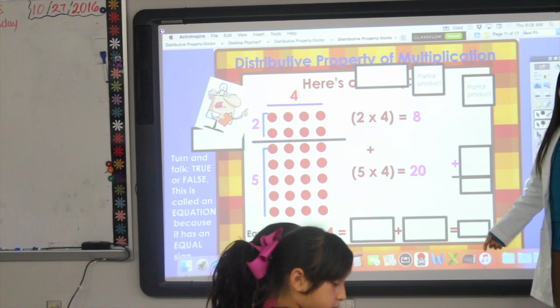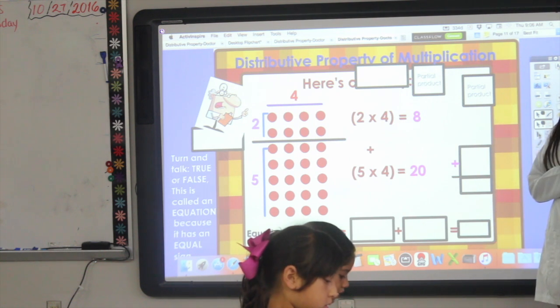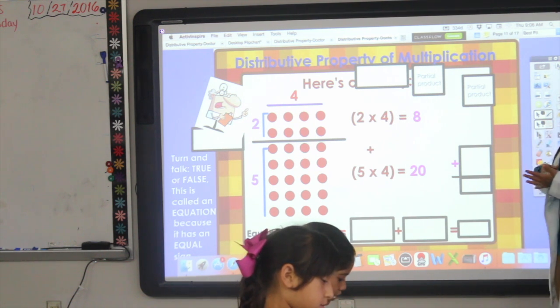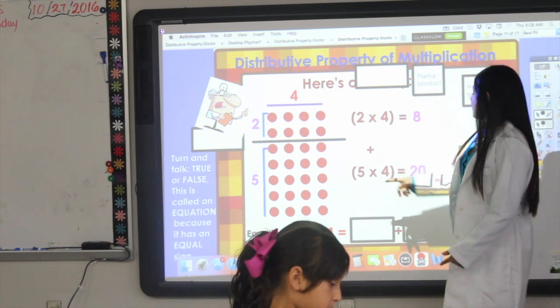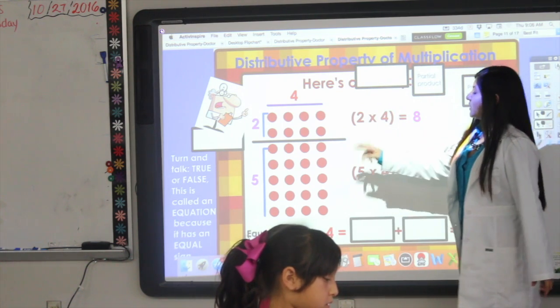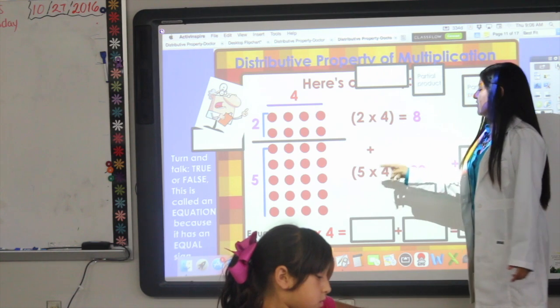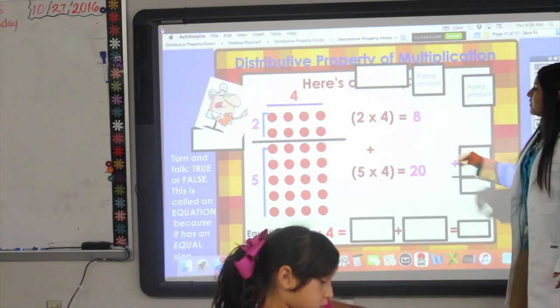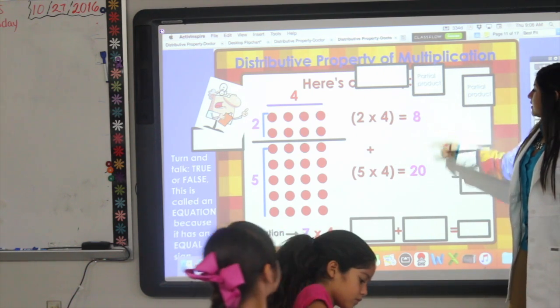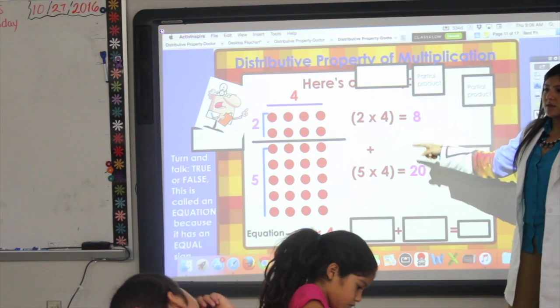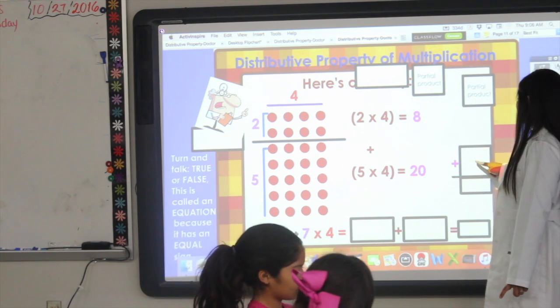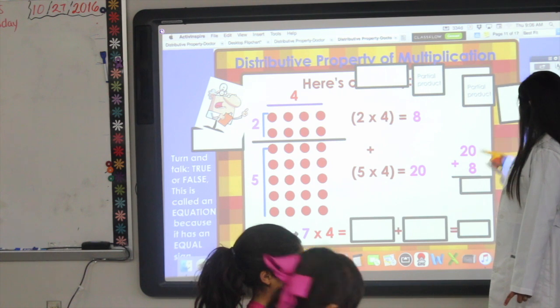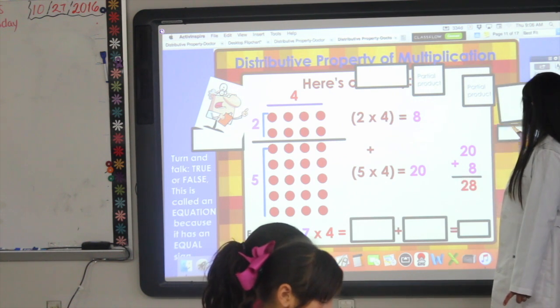So again, distributive property is breaking apart the multiplication sentence into 2. So if it was 7 times 4, we broke it down to 2 times 4 and 5 times 4. So now that's not our answer. We have to add our two partial products. So if we add them, 20 plus 8, 28.